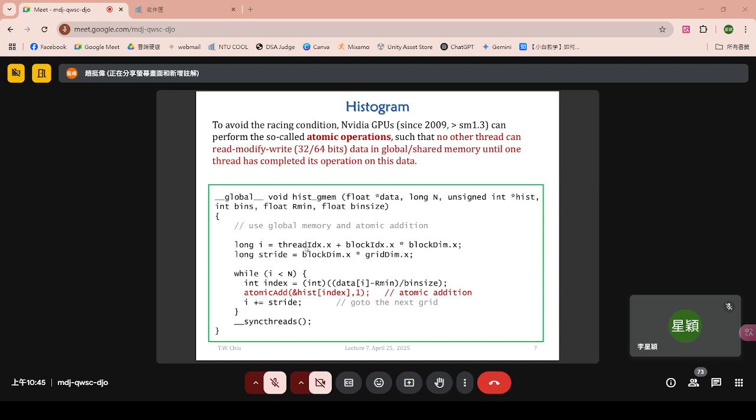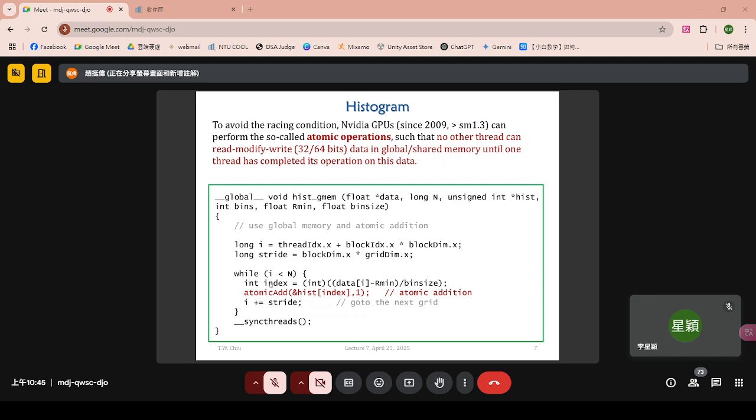And then after it finishes, when every thread has finished its job, you will go to the next stride.